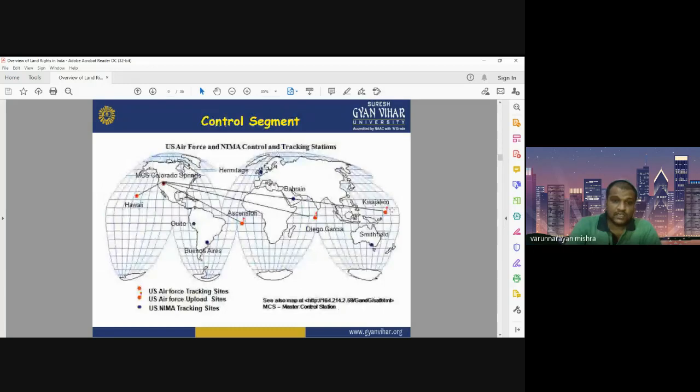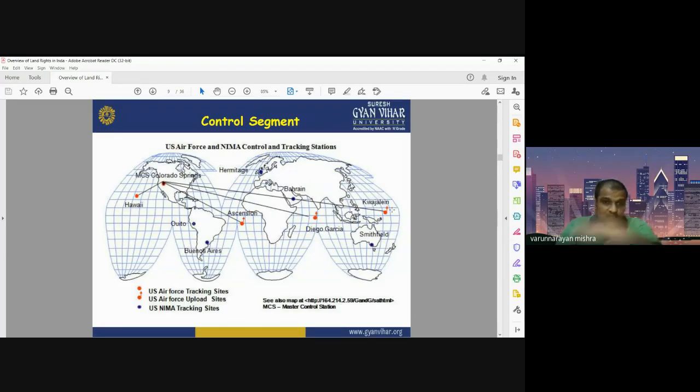Now, the control segment has different control stations distributed all over the world. Here you can see the different locations: one station is at Hawaii, then Ascension Island, Diego Garcia, and Kwajalein. They continuously monitor and track the position, health, and other information of the GPS satellites orbiting in space.